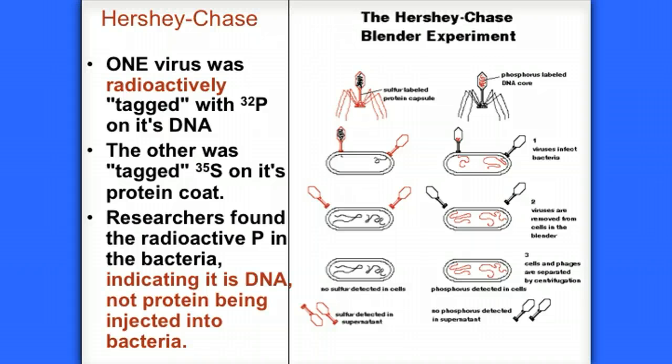Now we know that sulfur would be picked up outside, because the outside covering or the capsids are usually made up of proteins, and proteins contain sulfur. Again, the phosphorus labeled radioactive elements would have been within the viruses, that is inside the DNA, because the DNA do contain what we call the phosphorus groups.